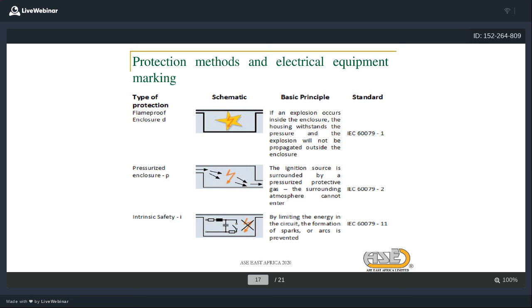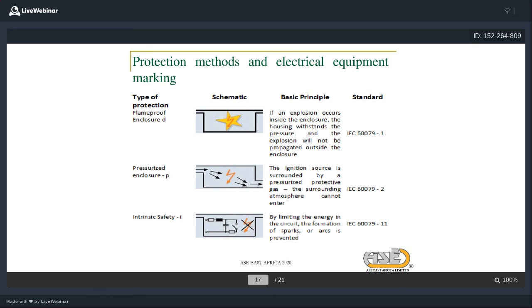Pressurized enclosure, P. Here the ignition source is surrounded by a pressurized protective gas. So here we keep positive pressure so that the atmosphere cannot enter inside that enclosure.